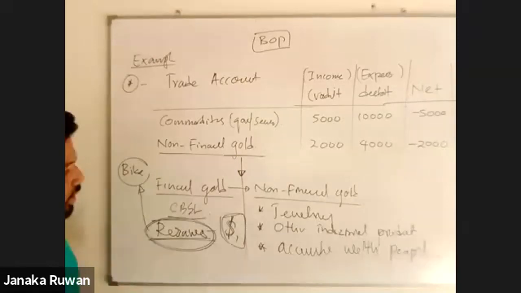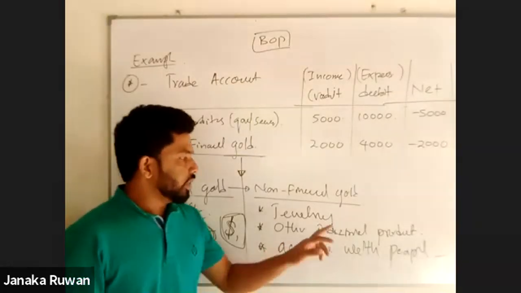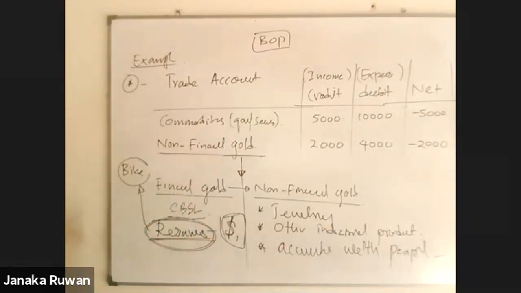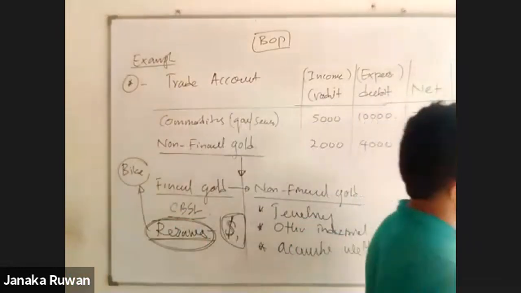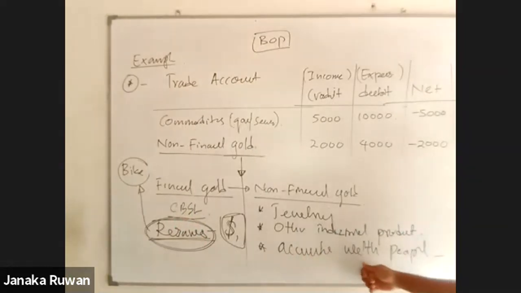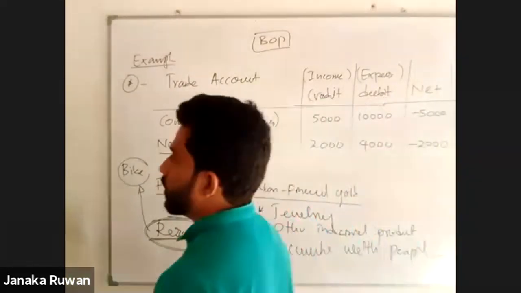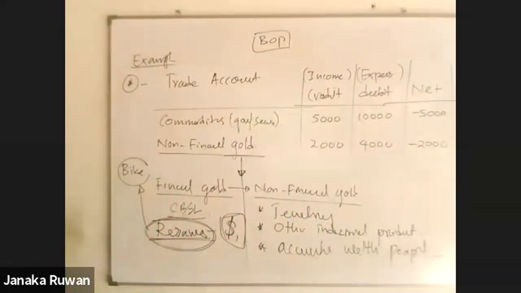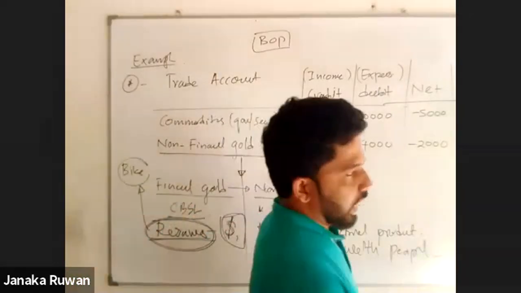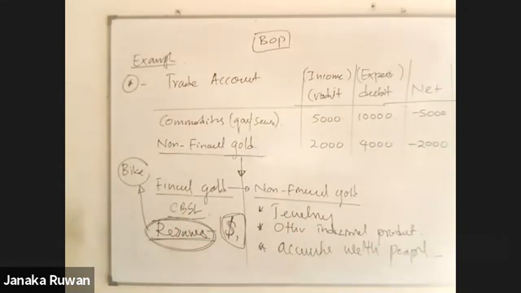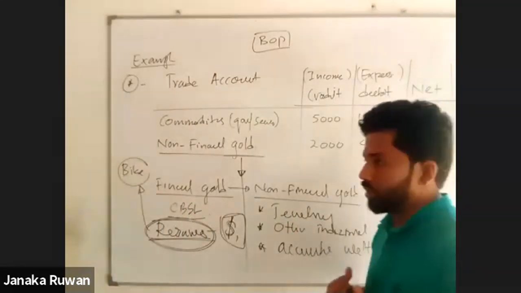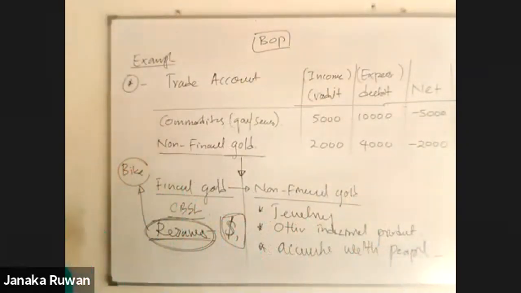Gold used for jewelry and other industrial products, accumulating the wealth of people, can be called non-financial gold.